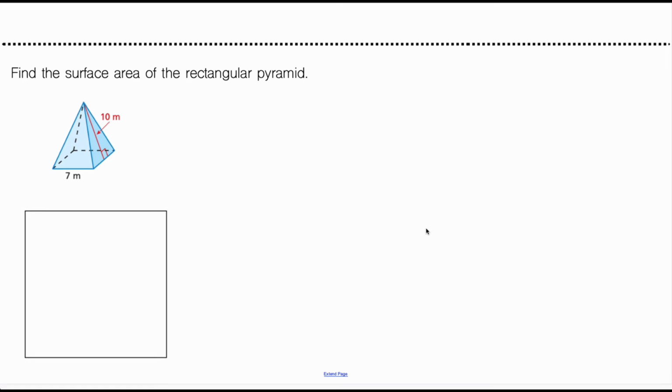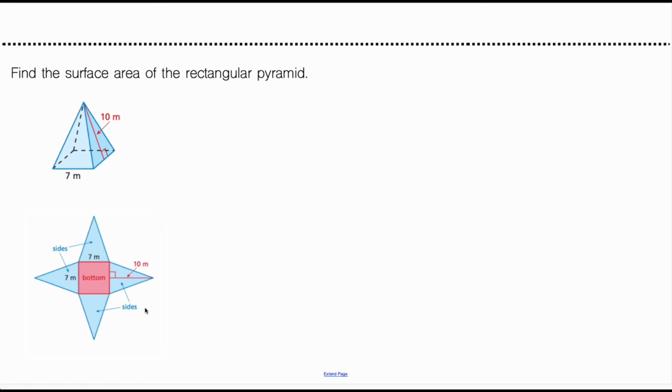So let's jump right into an example. Find the surface area of the rectangular pyramid. All right, so I'm first going to give you the net. I'm not good at nets, so instead I just make a list of all of the faces and then add all of those together once I'm done. So the first thing I'm going to do is the base itself.